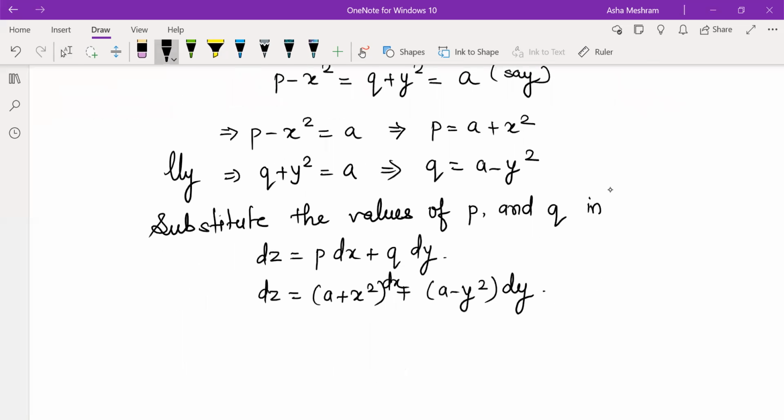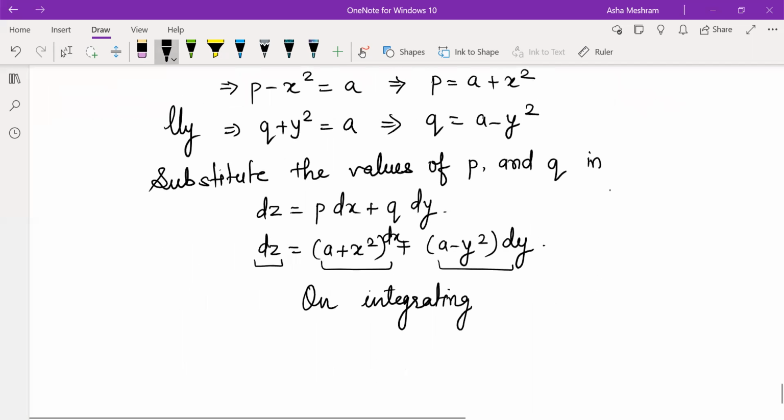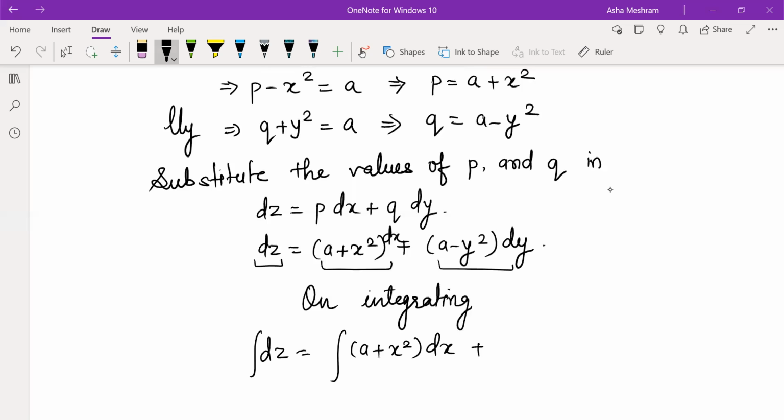देखो अब टर्म सारी सेपरेट हो चुकी है. x की टर्म x के साथ, y की टर्म y के साथ और z भी सेपरेट है. So on integrating, what we get? Integration of dz, integration of a plus x square dx, integration of a minus y square dy.